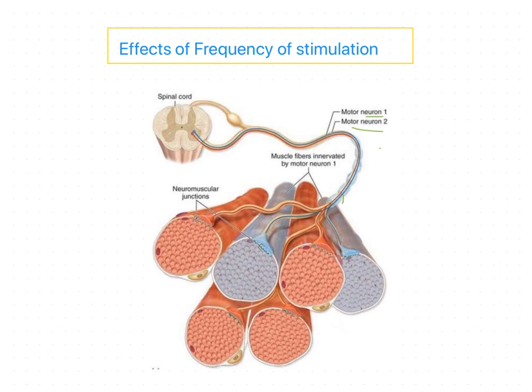Here they have shown only two motor neurons which supply different muscle fibers. If a succession of stimuli are applied at rather long intervals, for example 1 stimulus per second, each produces an isolated muscle contraction, and there is time for complete relaxation between the impulses.